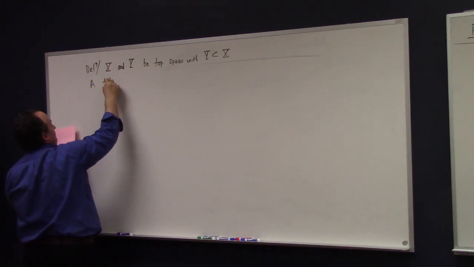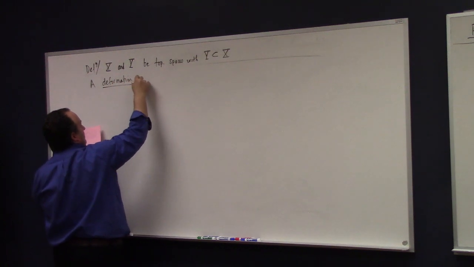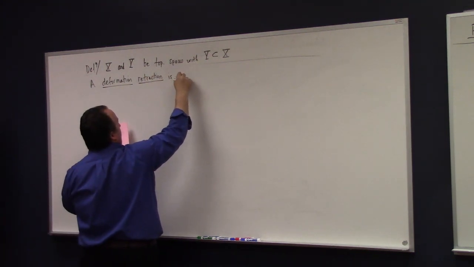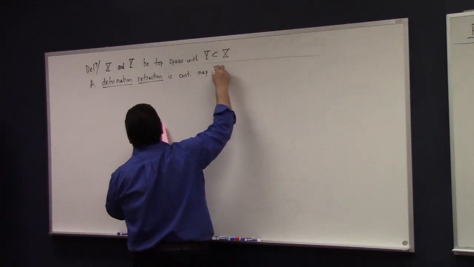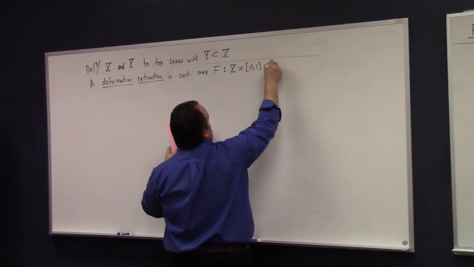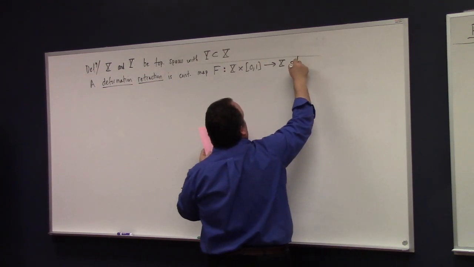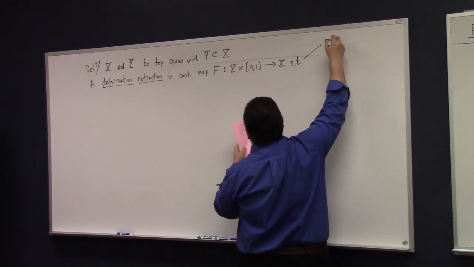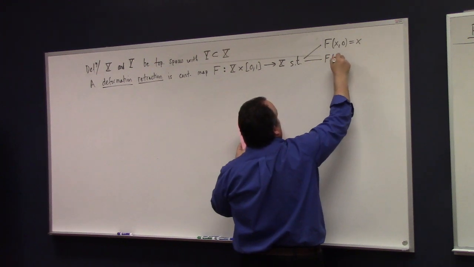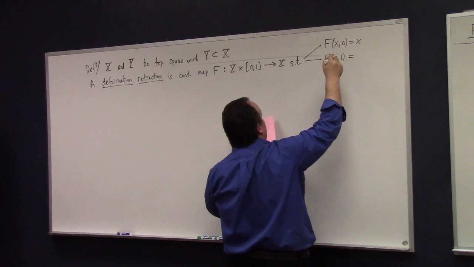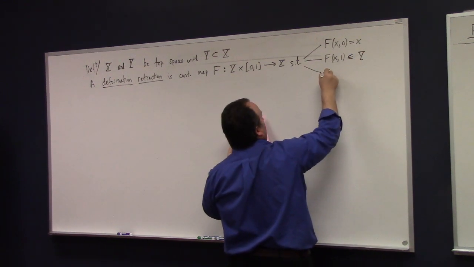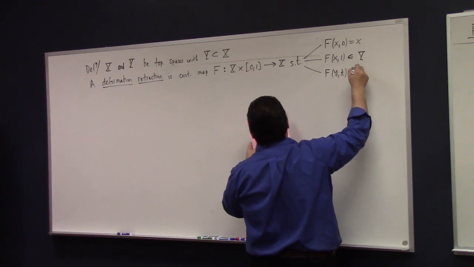A deformation retraction is a continuous map f from x, Cartesian product with the unit interval, back into x again, such that f of x comma 0 is equal to x, and f of x comma 1 is an element of y, and also f of y comma t is equal to y.